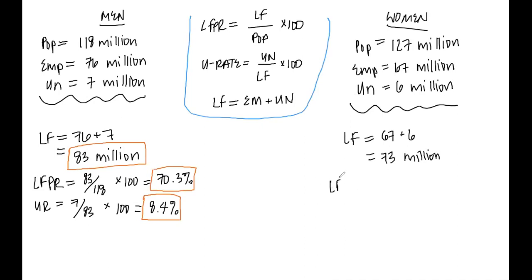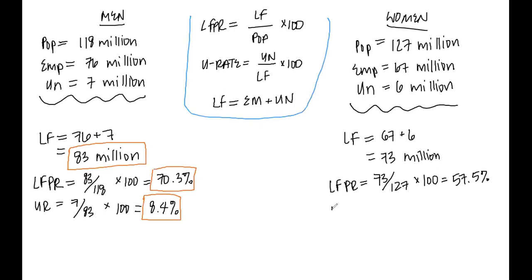And then solving for the labor force participation rate, we have 73 million over the population of 127 million multiplied by 100. That equals 57.5%.